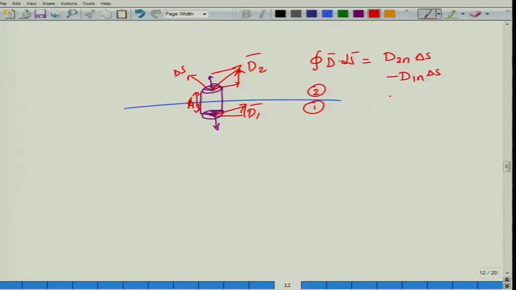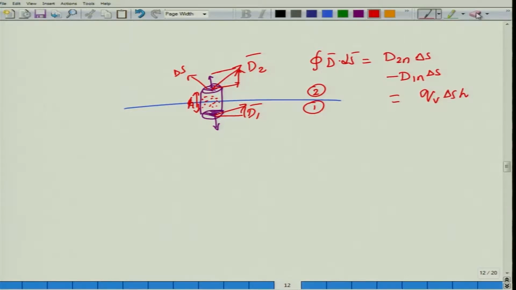This should be equal to the charge enclosed, which is the volume charge density multiplied by delta s multiplied by h.